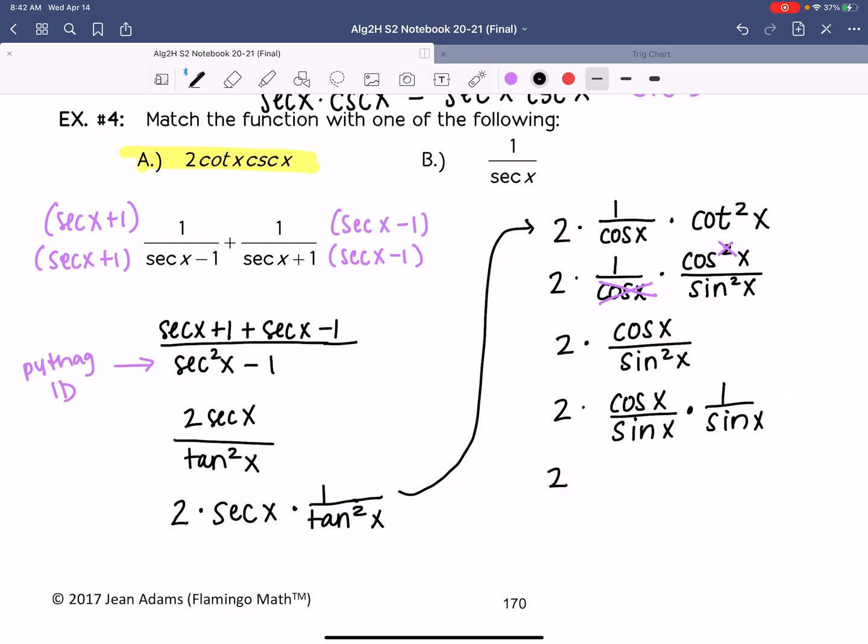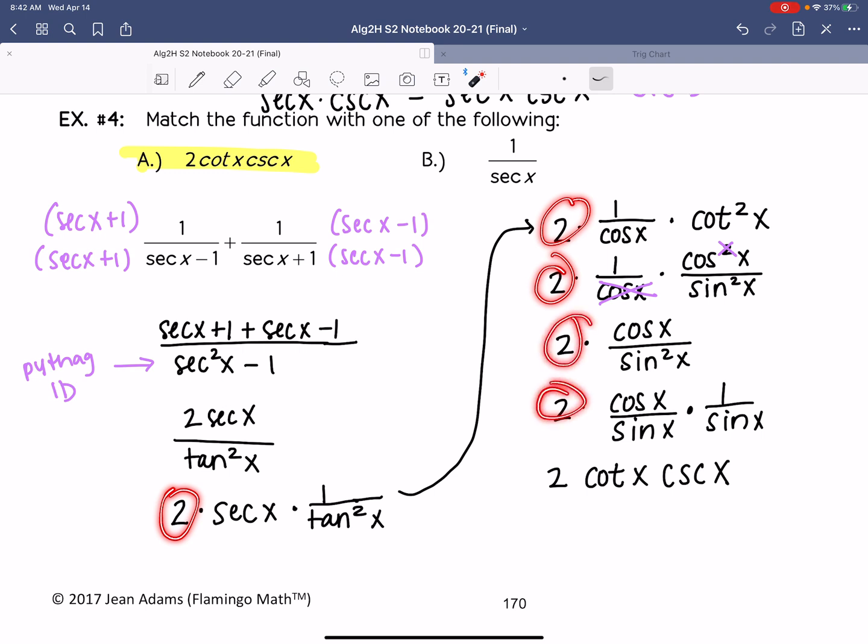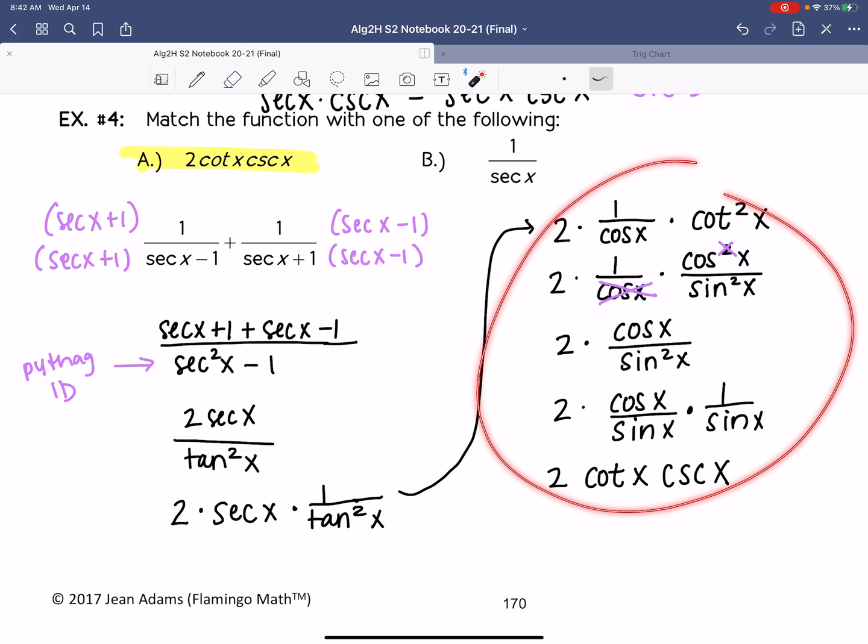So we're going to get 2 cosine over sine is cotangent of x, and 1 over sine is cosecant of x. So we were able to solve that, and it matches A. And again, I kind of knew it was probably going to be A once we got this 2, because I don't really know how we would have eliminated a 2, but here's the whole process.